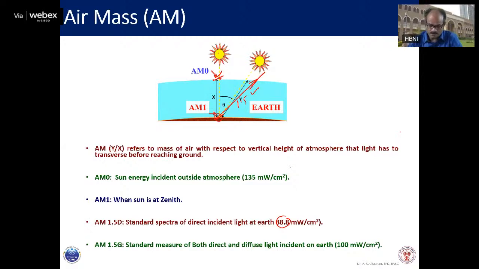We also receive some diffuse light, and therefore at this AM 1.5 global standard, the intensity received at Earth is nearly 100 milliwatt per centimeter square, which is a standard, and mostly in photovoltaic measurement, this intensity is used.